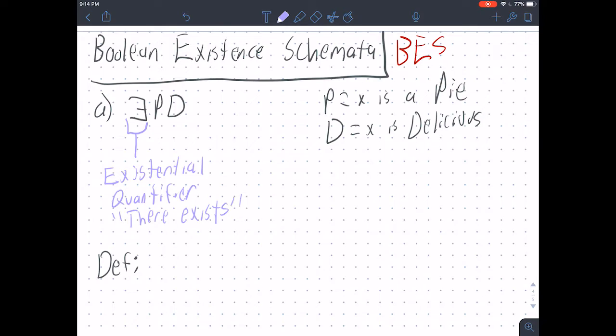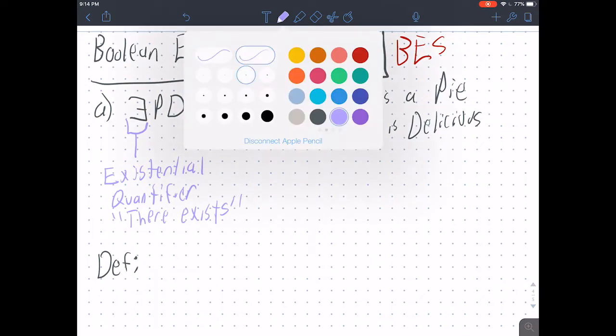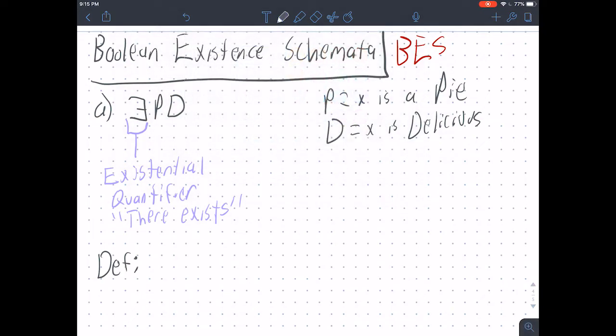So the definition of Boolean existence schemata is: a Boolean existence schema is this backwards E, an existential quantifier, followed by a Boolean term schema.